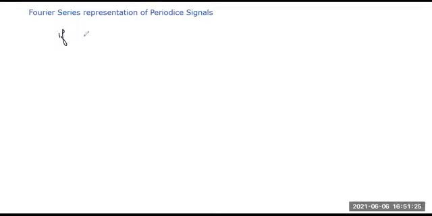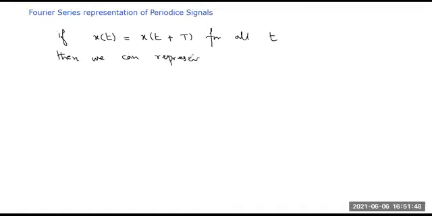So if there is a continuous time signal, x of t, and if it fulfills this condition, then we can represent it in terms of Fourier series.